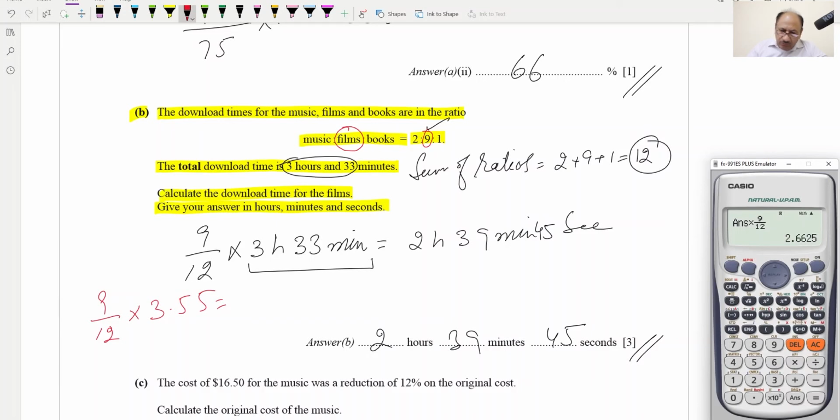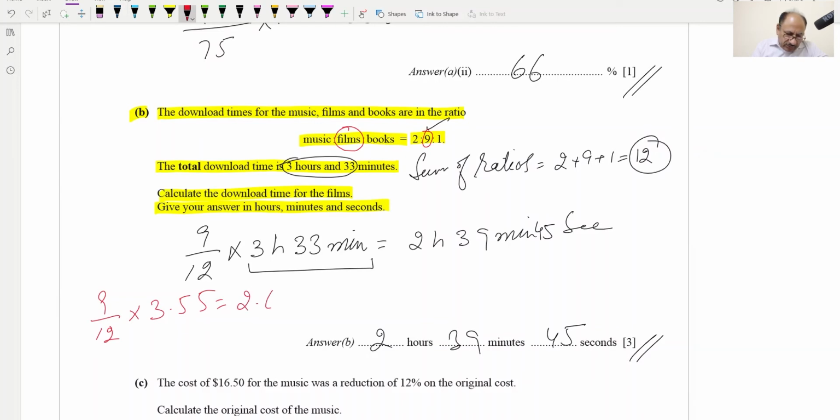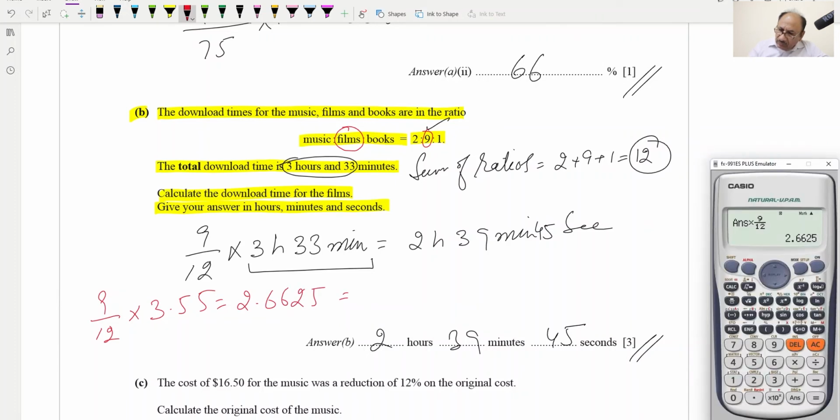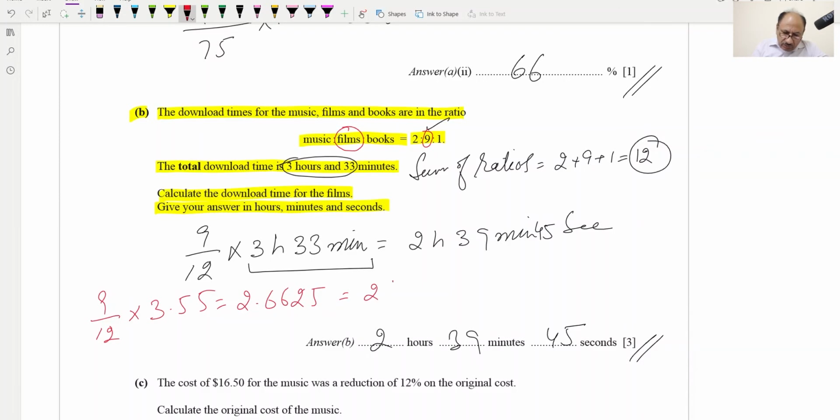The decimal value you can write is 2.6625, and if you press the time button you will get 2 hours 39 minutes and 45 seconds.